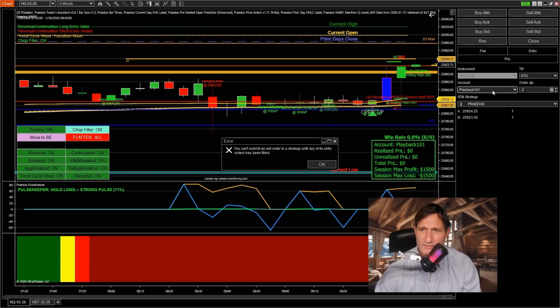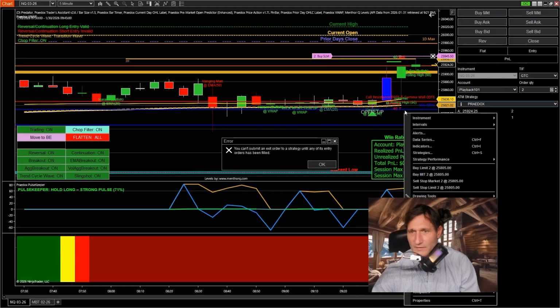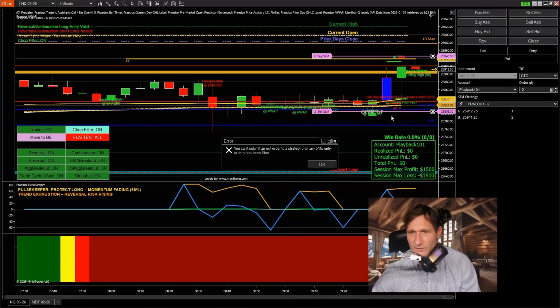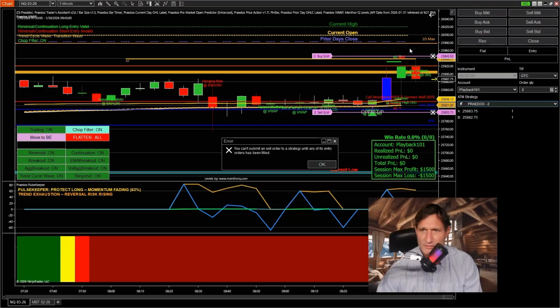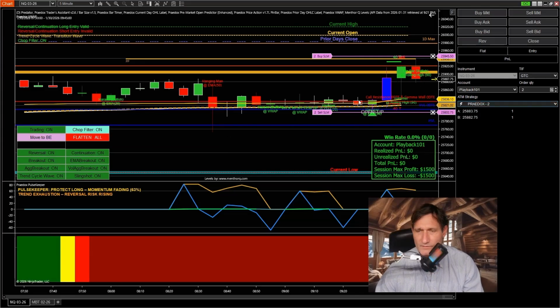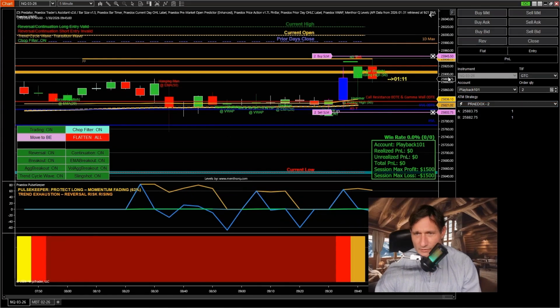What I figured out you actually need to do with NinjaTrader is put in the initial order, buy side, then select your ATM strategy again and put it on the sell side. You select it once, twice, and it will label it 1 and 2 on your ATM strategy. So that's the trick to entering a bracket order.